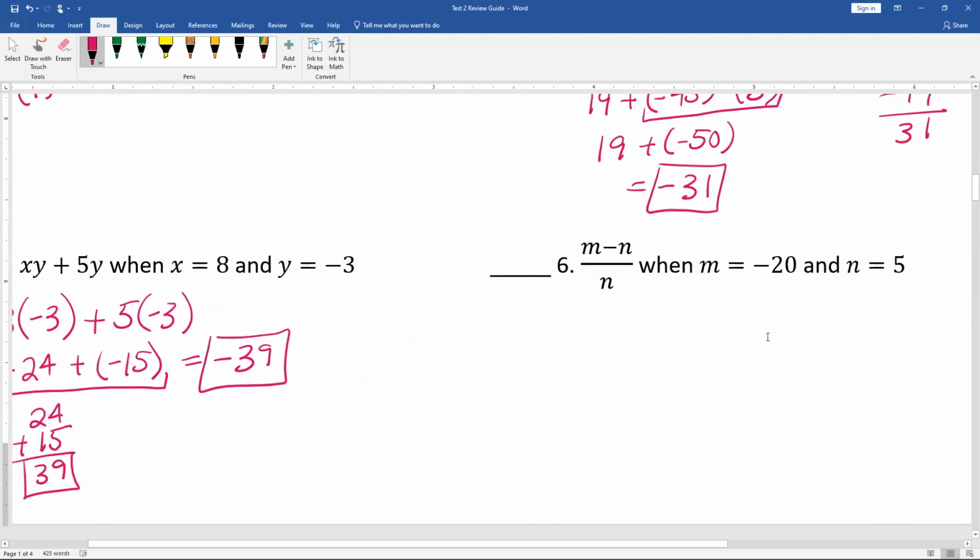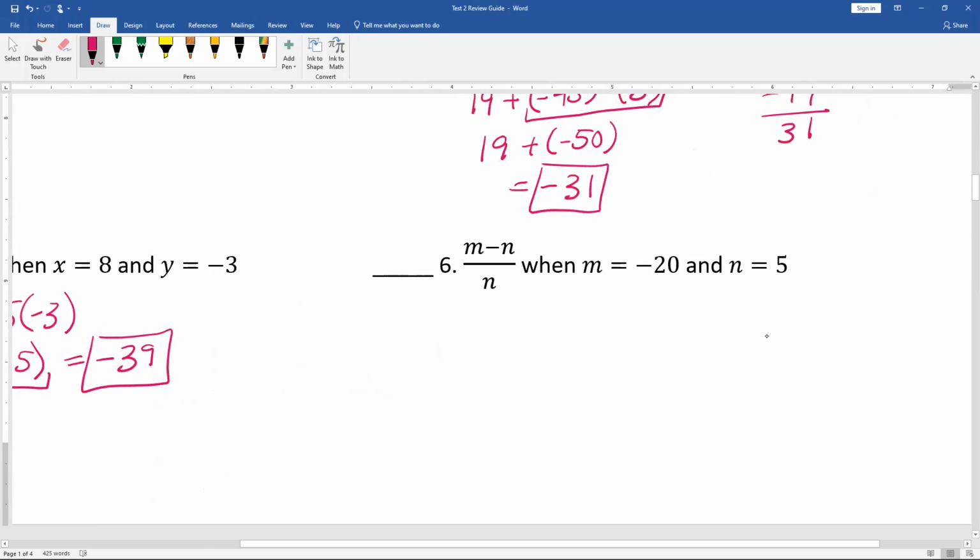All right, so what does my problem look like when I plug in? Negative 20 minus, n is positive, isn't it? Well, so it would be plus a negative 5. Okay. Wait, what?